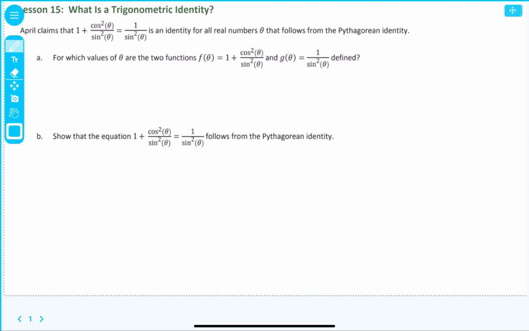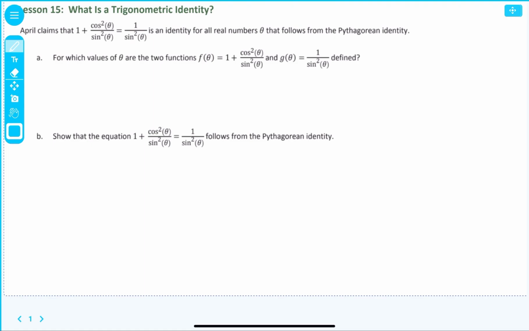What makes these not work? When are they undefined? When we've got fractions, what do we always look for? When is a fraction undefined? When you have a 0 in the denominator, yeah. That's what you're looking for there.